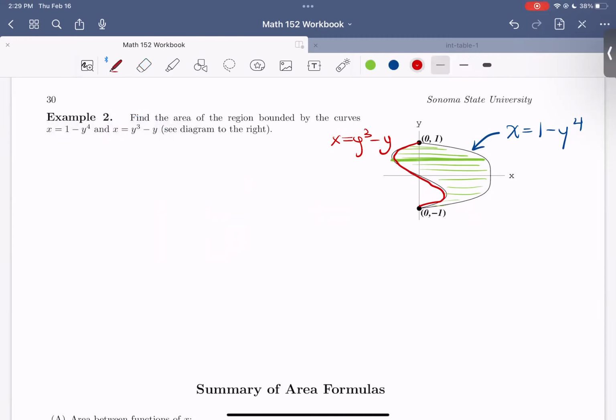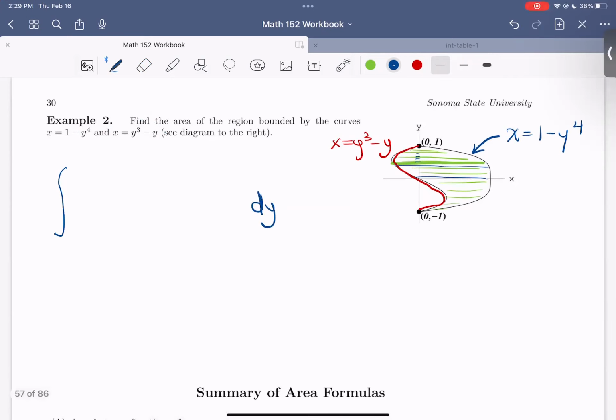Now when we're computing the area, we're taking slices that are perpendicular to the y-axis. So we're chopping up these slices along y, which means the variable we're integrating with respect to is y. So I have a dy.